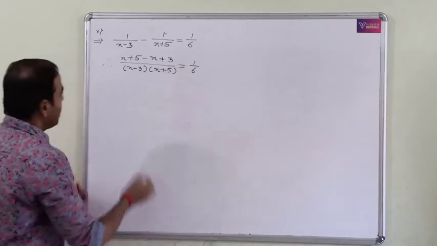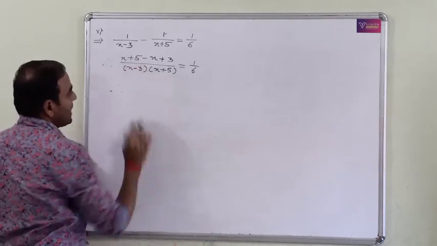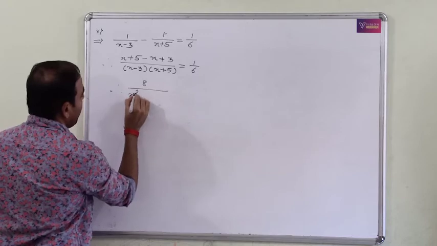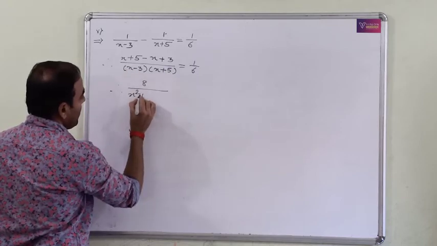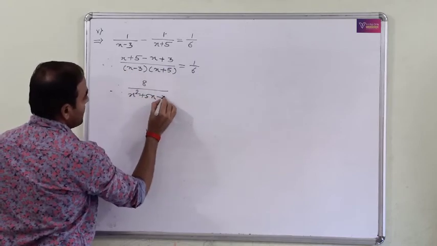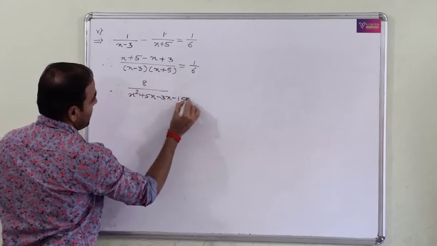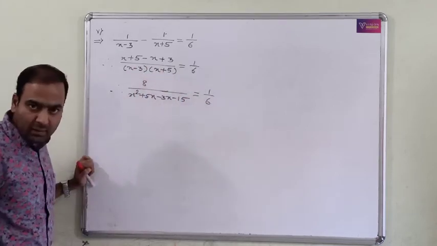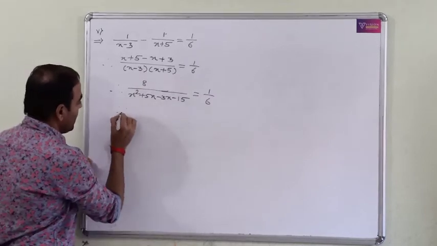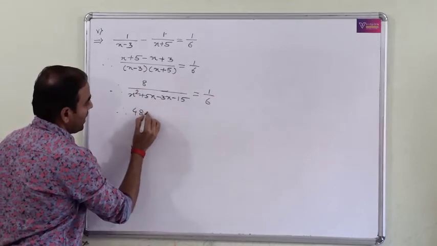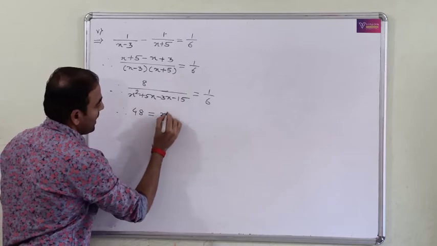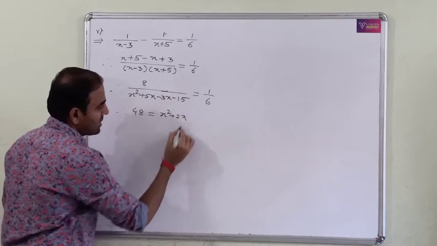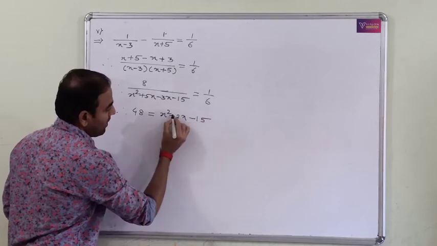Are you got it? Then plus x minus x get cancelled. 5 plus 3, 8 upon x square, x into 5, 5x minus 3x minus 15 is equal to 1 by 6, by solving this bracket. Okay. By cross multiplication we get 48 is equal to x square, 5x minus 3x is 2x, minus 15.